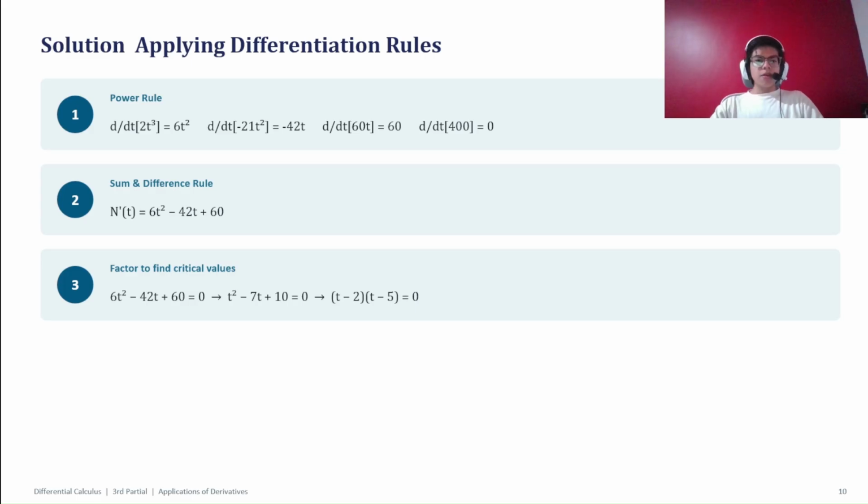So we have here the solution. For the first step, power rule, d by dt of 2t cubed equals 6t squared, and d by dt of minus 21t squared equals minus 42t, and d divided by dt.